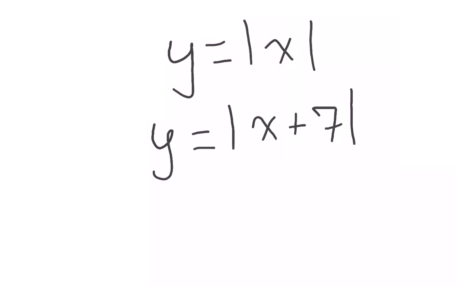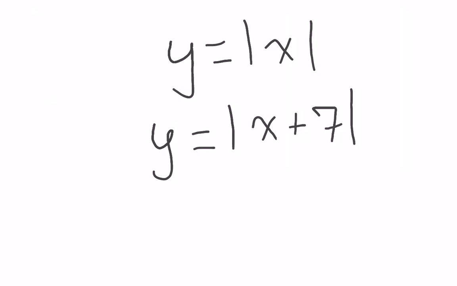Now, we've learned about transformations and looking at graphs and what they may do based on the changes to the actual equation or function. In this one, y equals absolute value of x is the parent or root function, depending on what math book you read.